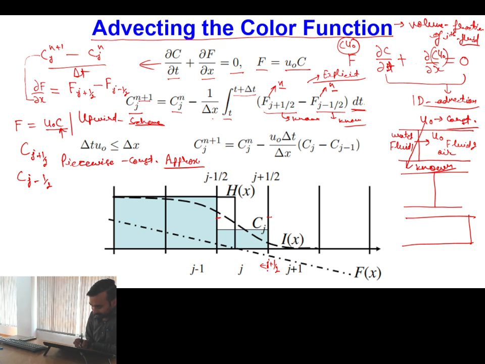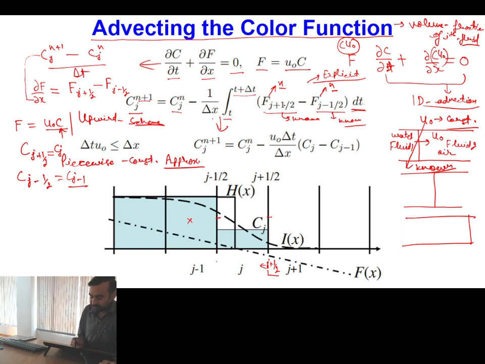So if I have to define the value at C j plus 1 by 2, then I will be simply considering the value of Cj. And when I have to consider at j minus 1 by 2, then I will be considering from the previous cell, which will be equal to Cj minus 1. All are clear with this point? So that is what you can see over here in this equation.